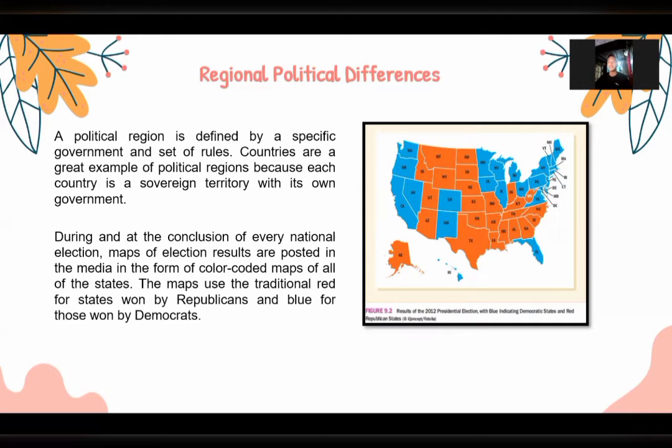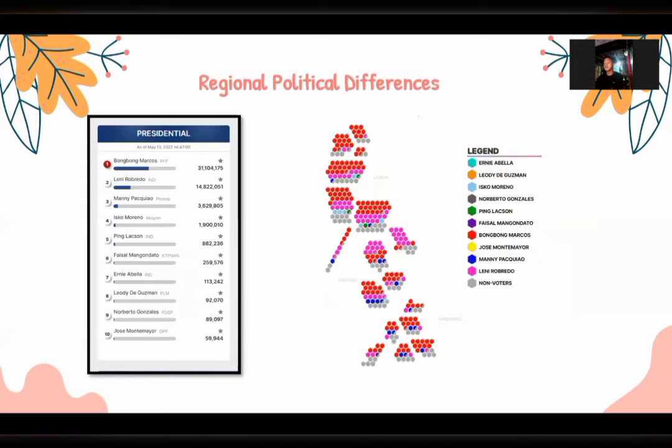At the conclusion of every national election, maps of election results are posted in the media in the form of color-coded maps of all the states. The maps use the traditional red for the states won by the Republicans and blue for those won by the Democrats.